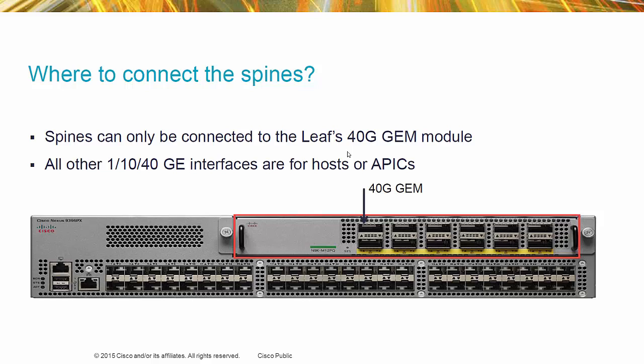So we never connect any end devices or any end host like laptops, servers, a router, switch or anything, never to any of our spines. We always go ahead and connect them back to our leaf switches. And as you can see here, spine can only be connected to a leaf 40 gig module. These ports are your host ports, where you can go ahead and connect your host, like I said, your laptop, router, switch, or your APICs.